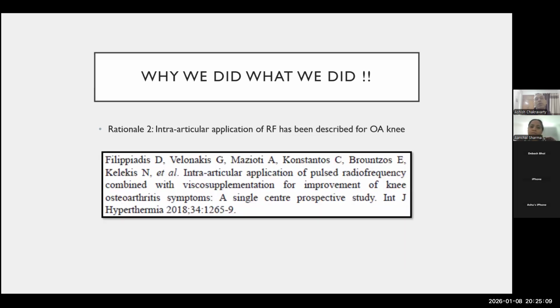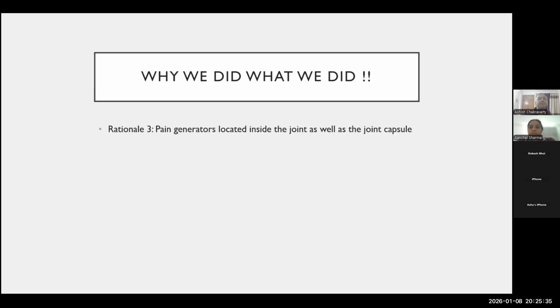Now, this technique had been described with pulse radiofrequency. Still, it showed a lot of improvement in the patient. In our case, we had done a conventional radiofrequency, so the rationale of ablating the free nerve endings and the encapsulated nerve endings inside the joint was more in our case.